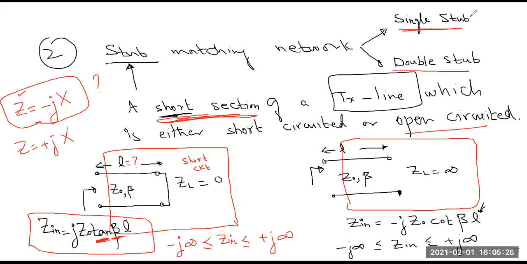Once we start talking about stub matching network in detail, and once we go through the design principle of single stub, then you will be able to understand what is the limitation of single stub. So we are going to talk about single stub and double stub under the topic of stub matching network, but I have given you an overview of what is the meaning of stub.